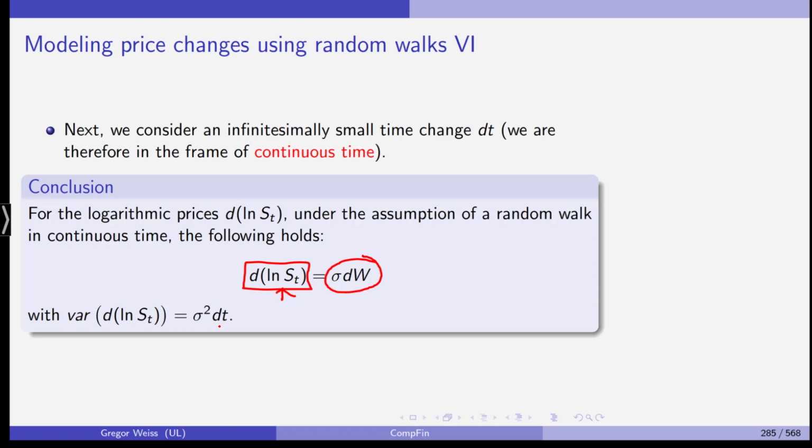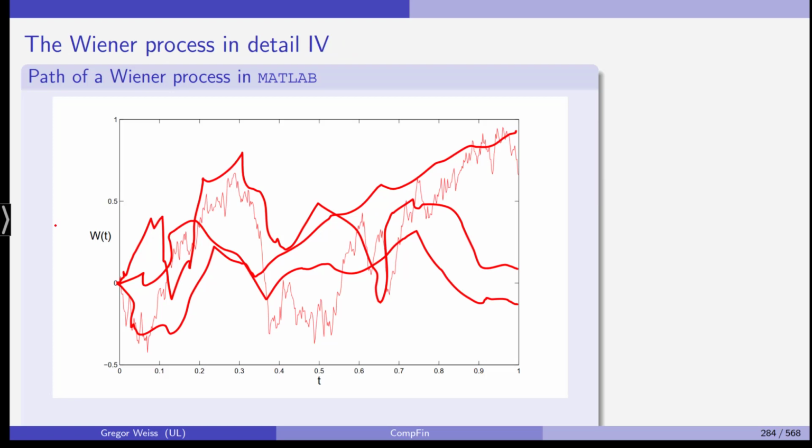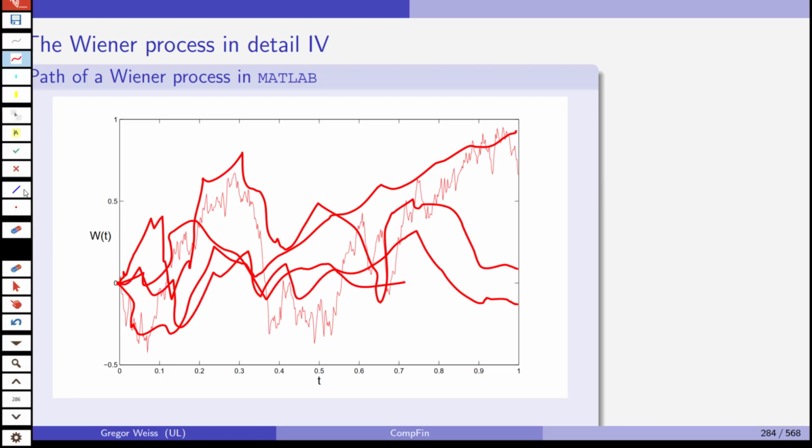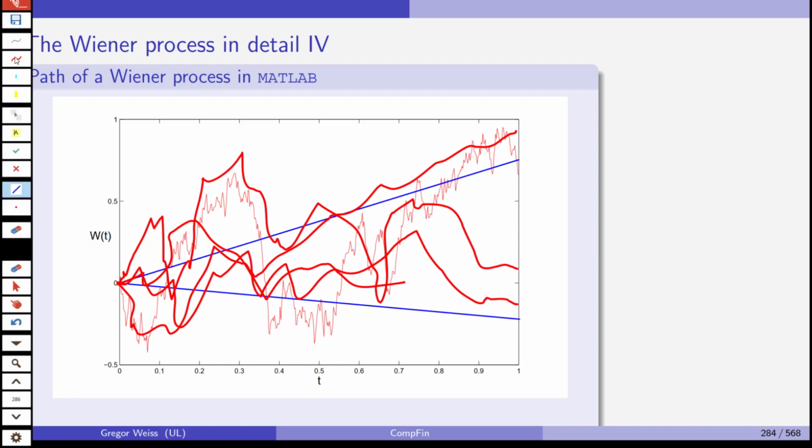Now this model for the time evolution of log returns so far only has one parameter, that is volatility or diffusion. So hence it is not yet flexible enough to represent the actual changes, because you can see here they will all evolve around 1. But what we might want is that we not only have diffusion, but we have a positive or maybe a slightly negative trend, so that the time evolution will look something like this.